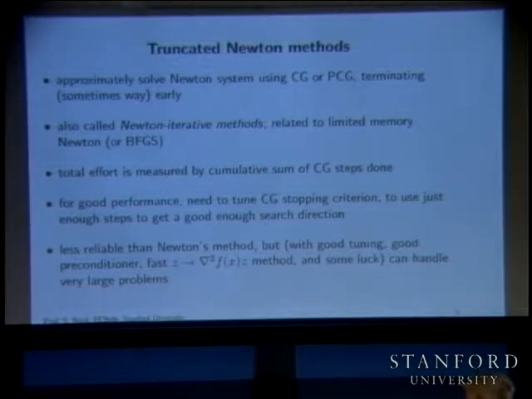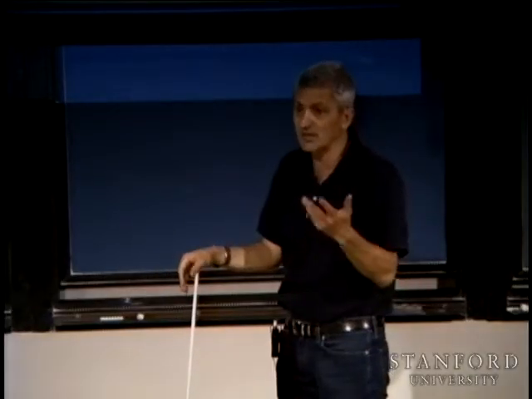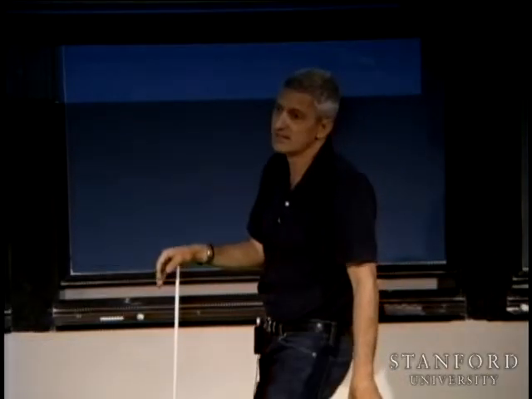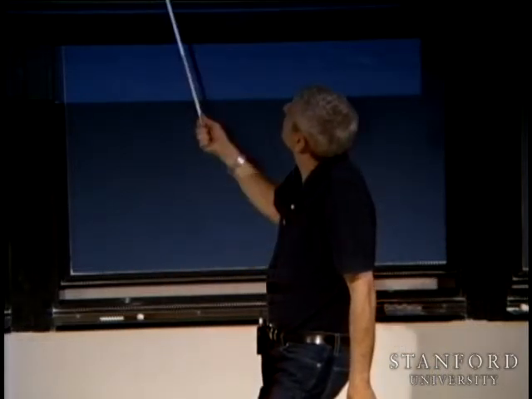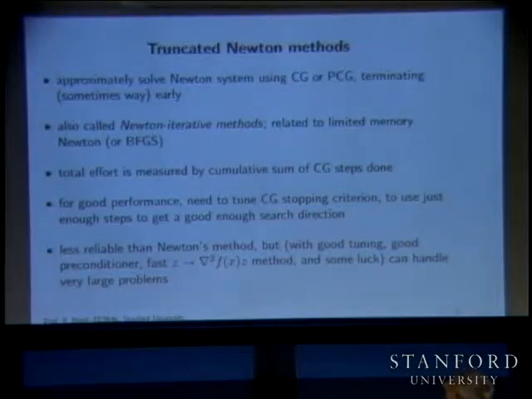Okay. Now, in a situation like that, the cost per iteration is completely irrelevant. The cost is measured by the number of CG steps. Actually, it's the number of calls you make to multiply by the Hessian. That's the exact cost. And to make these things work well, you're going to need to tune the CG stopping criterion. You want to use just enough steps to get a good enough search direction.